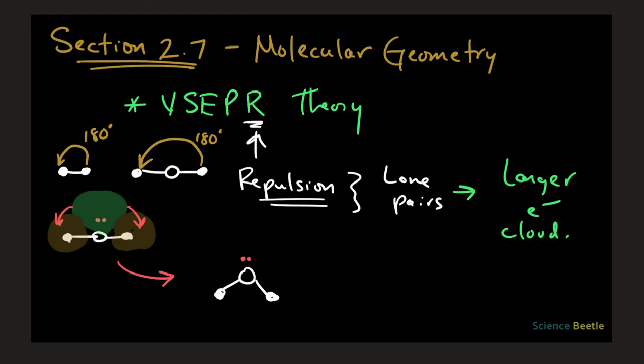Now you could also have a second pair of lone pairs at the center atom, so you can have that structure there, or you can have the structure here. Let's draw a copy. You can have another one here, a little bit more, in which case that's going to change the angle a little bit for both of these.